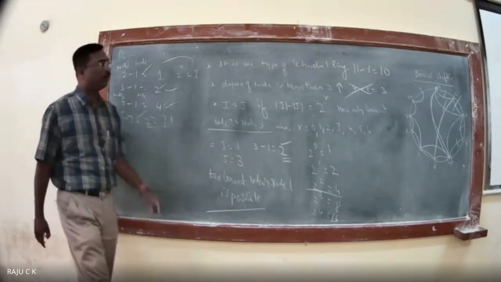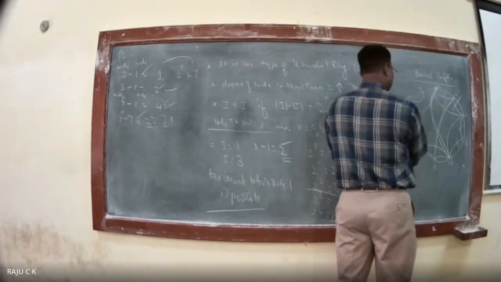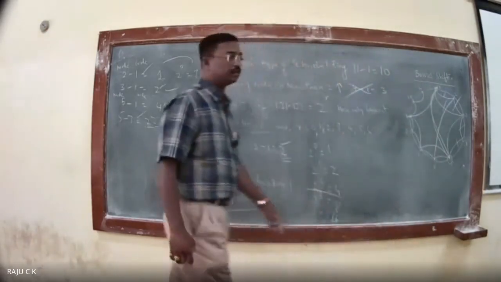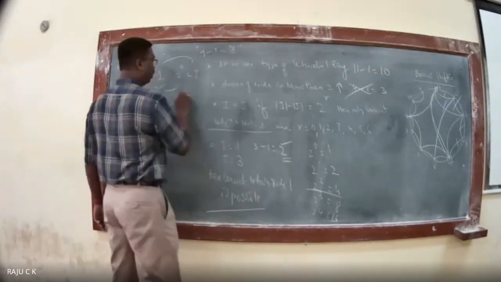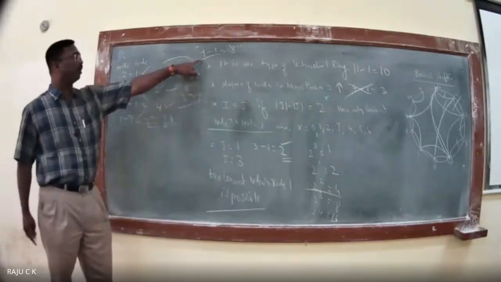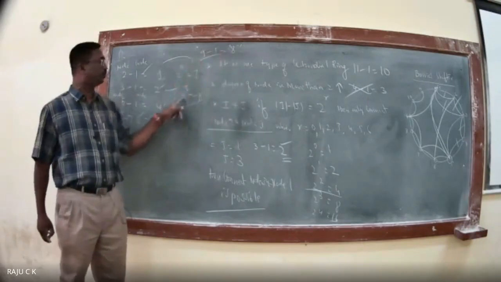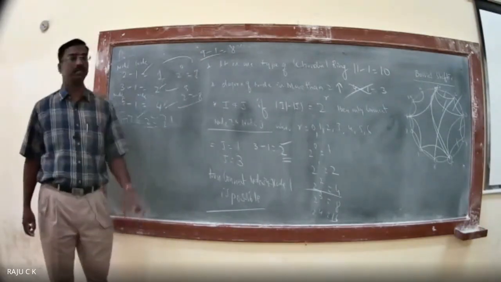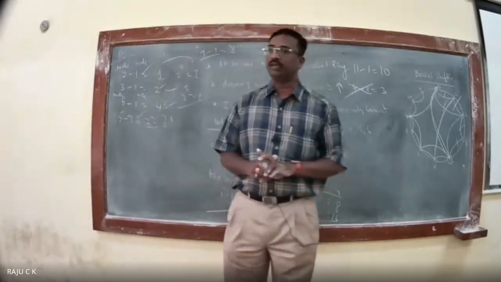Similarly, I can join node 1 and node 9. 9 minus 1 is equal to 8, so 2 to the power of 3 is equal to 8, and that is also possible.